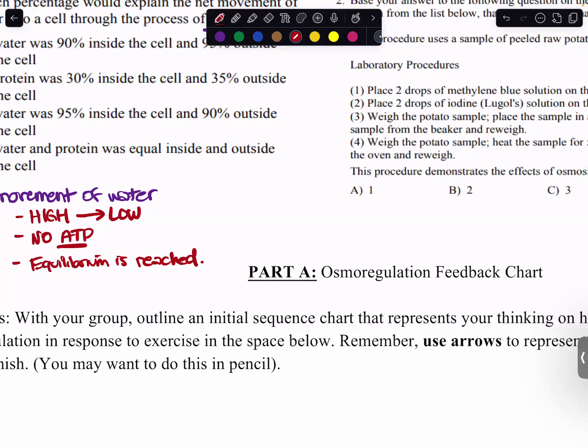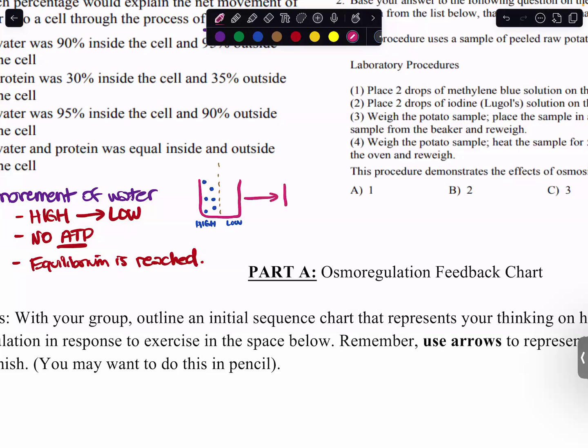If this is a beaker and I have some type of membrane that divides the beaker, and these are my water molecules, 1, 2, 3, 4, 5, 6 water molecules. I'm starting out at a high concentration on this side, which means that this side has to be a low concentration because there literally is no water on that side.